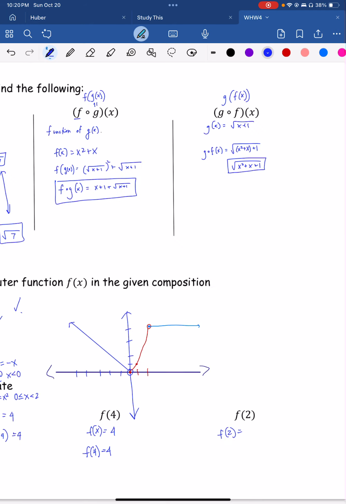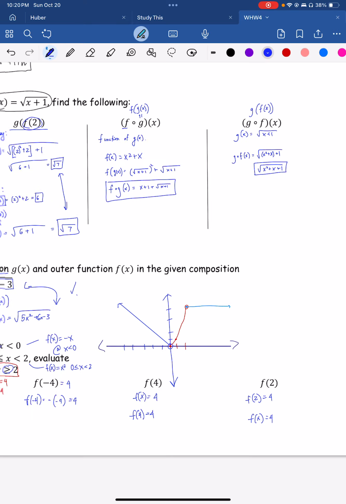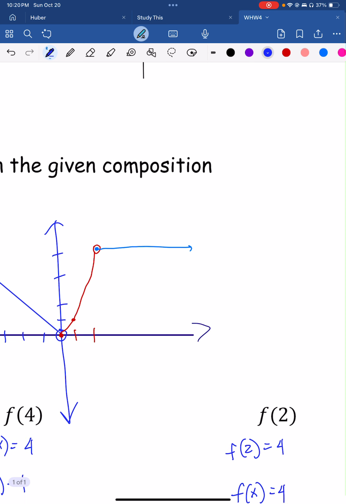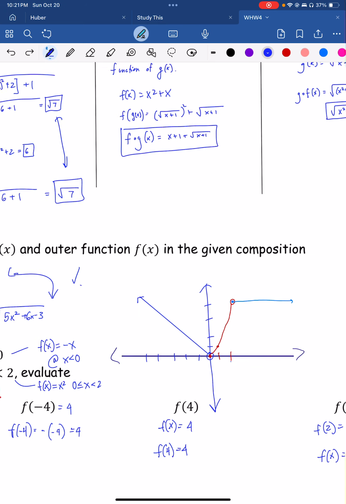So it's saying when x is greater than or equal to 2, it equals 4. So f of 2 is 4 because it's equal to. And it makes sense because f of 2 is here and f of 2 is here.